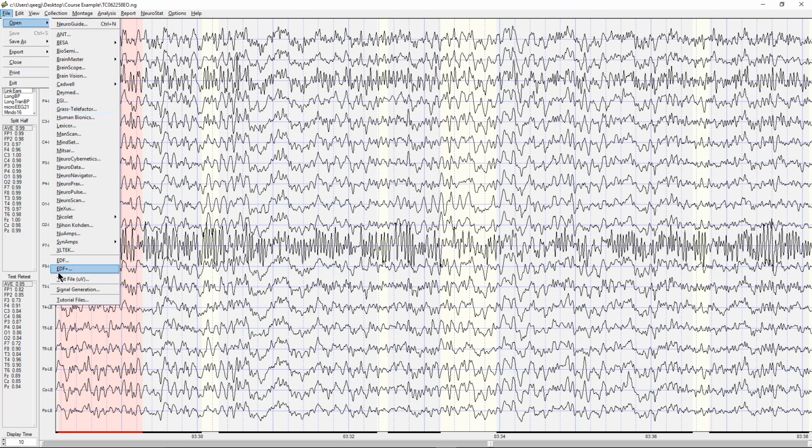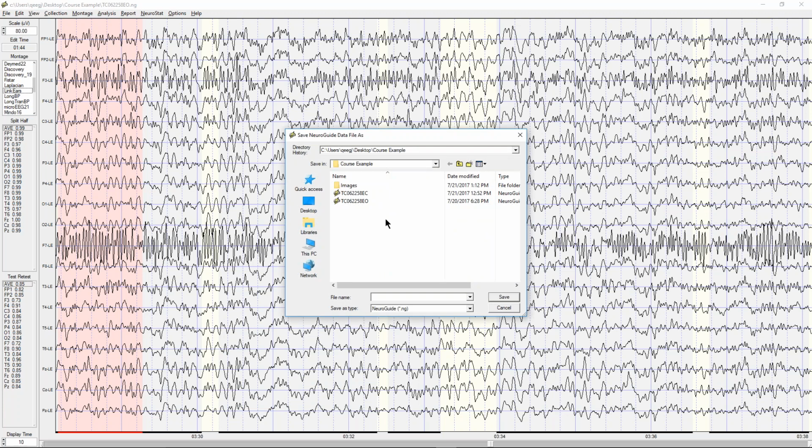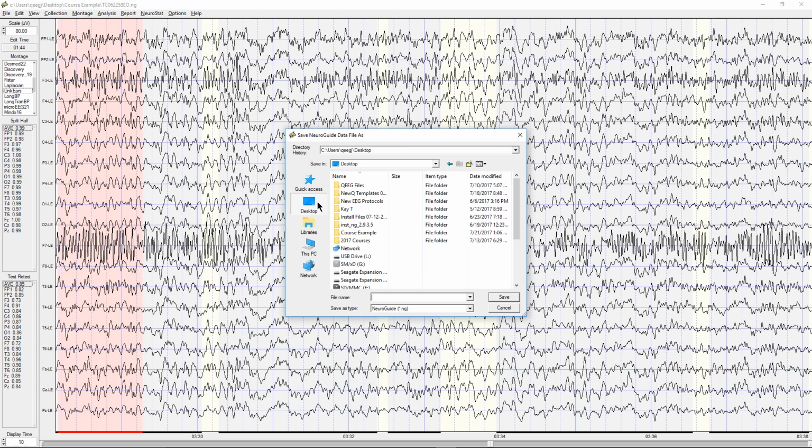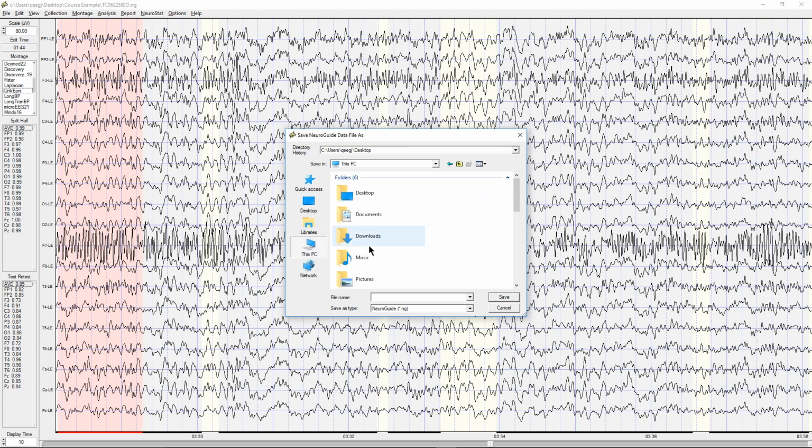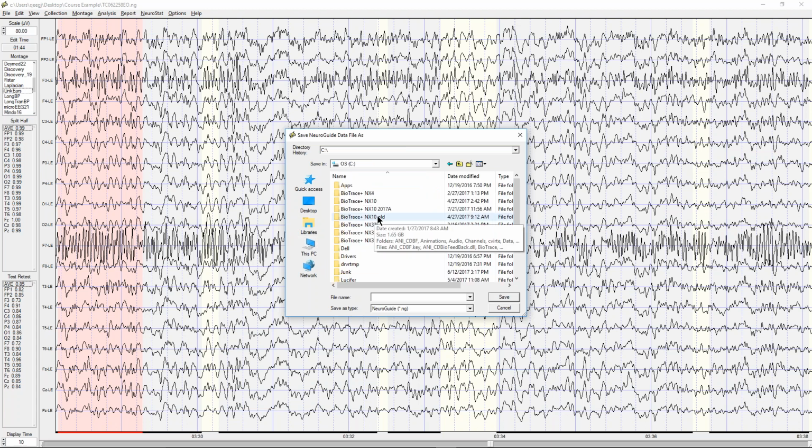We could open a different EEG, however. We could open the... that's right, that's the one that doesn't have the export folder.